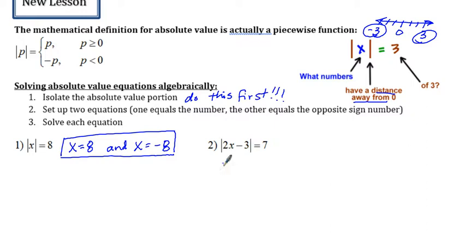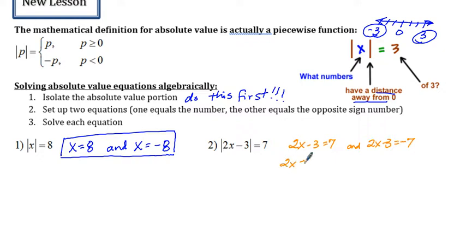Now, we ramp it up a little bit on number 2. We should still check for a first step, isolating the absolute value portion. Number 2 already has the absolute value portion isolated, so we can go ahead and move to step 2. Let's set up two equations. 2x minus 3 equals the positive 7 we started with, and 2x minus 3 equals negative 7, the negative version of what we started with. Now we solve each.